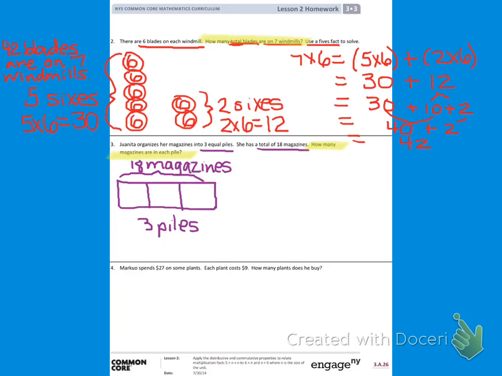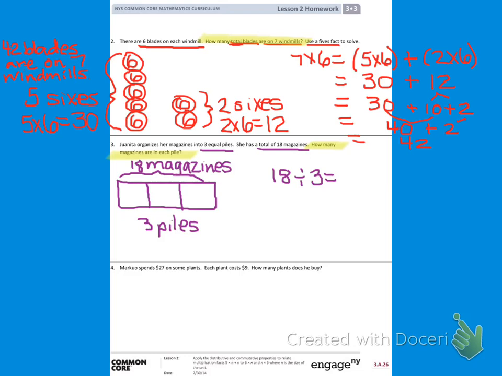Now, if my magazines are in 3 equal piles, that means I'm dividing up the amount of magazines that I have equally in 3 areas. So I will write the math problem, 18 divided by 3 equals. Now, if you don't know what 18 divided by 3 is, here's how you could solve it.